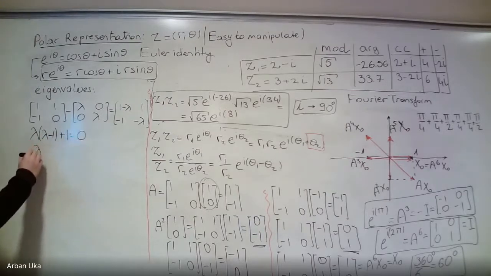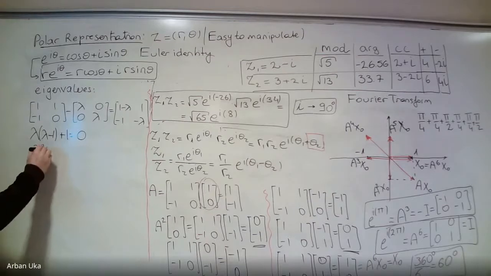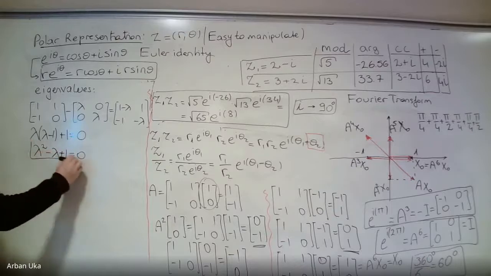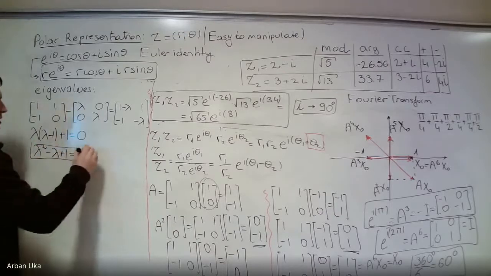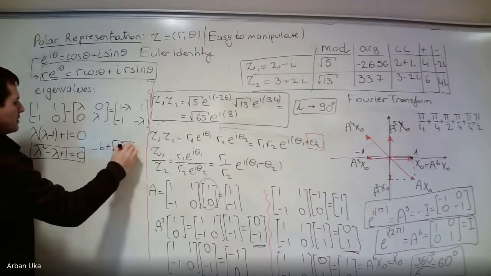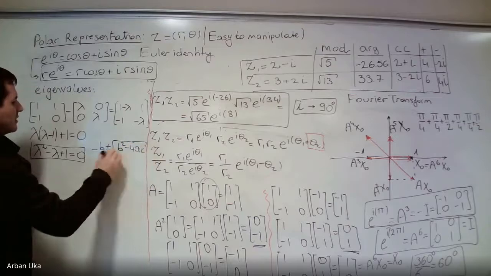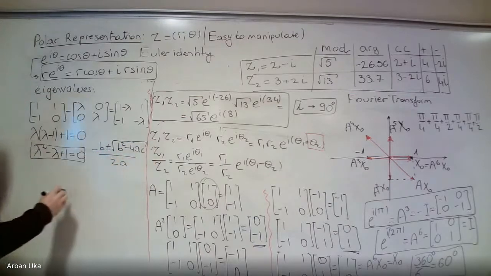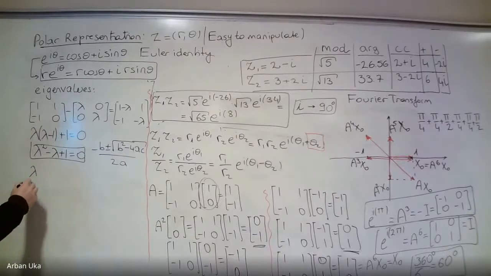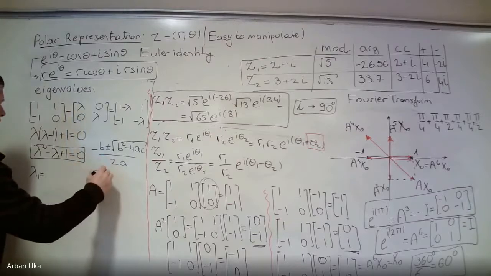And then we obtain a polynomial of the second order, which is lambda squared minus lambda plus 1, equal to 0. Then we use the same procedure, which is minus b plus or minus the square root of b squared minus 4ac, divided by 2a. So this is minus b, what is minus b?